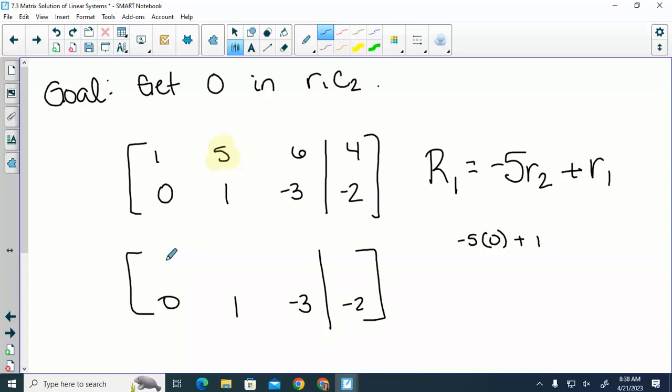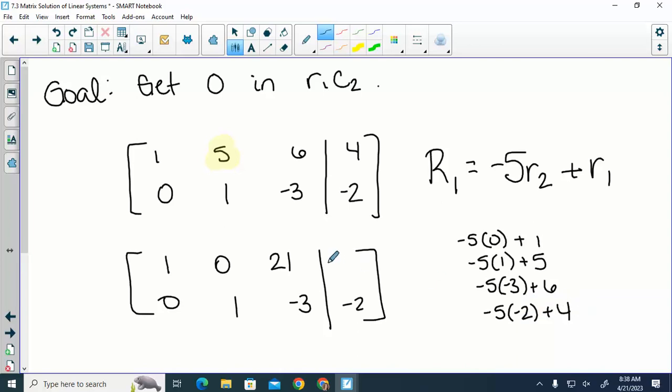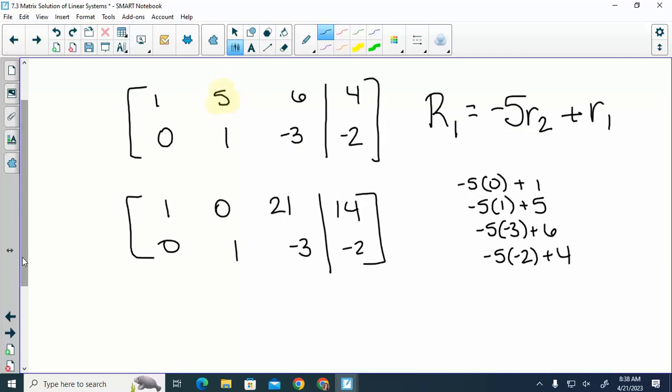Same for each entry: -5 times the number in row 2 plus the number in row 1. Are we okay with that one?